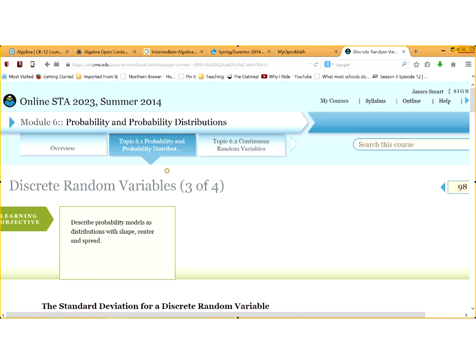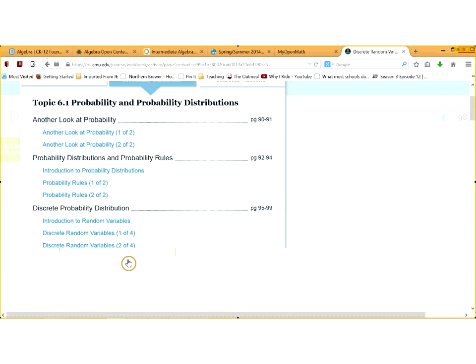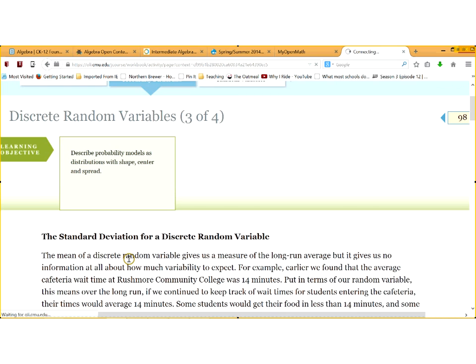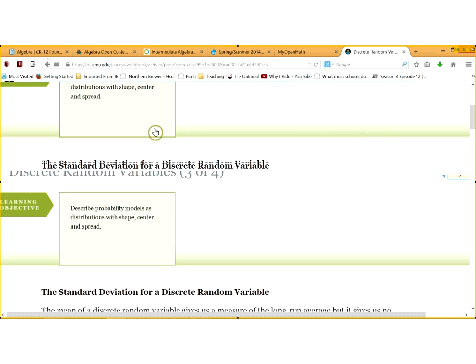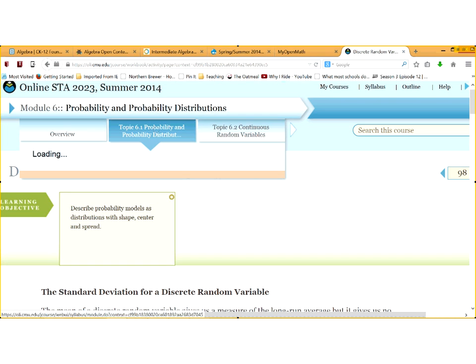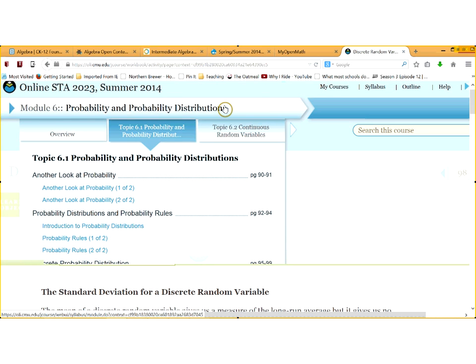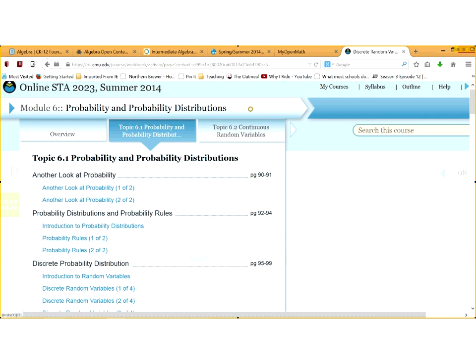All right. Let's just look and see what key things we have here. Module 6.2 is probably going to cover this too, so that's just more about the standard deviation. I don't think there's anything critical.